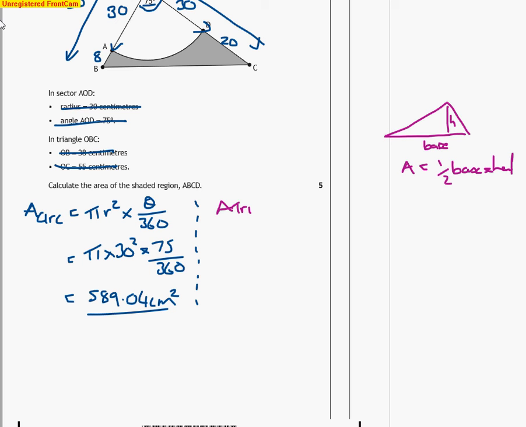We've got an angle and we've got two lengths. There's only so much they can really ask you at this level. So if they're asking you for areas of triangles and we don't think we've got enough information, look at your formula sheet. What have we got? Well, we've got sine rule, cosine rule, area of a triangle. Area of a triangle is equal to a half BC sine C.